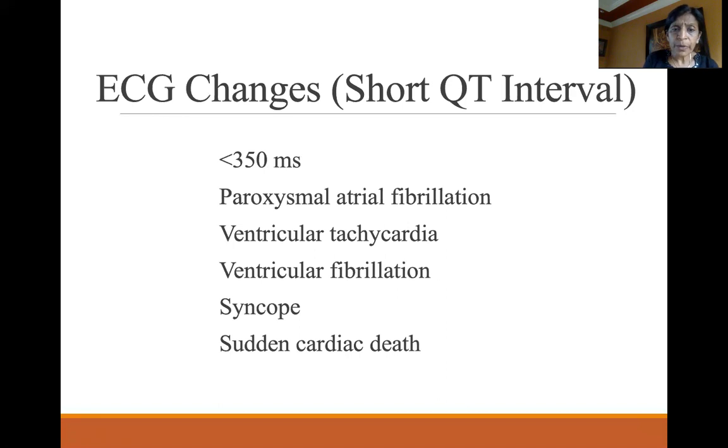Greater than normal. In atrial fibrillation, there is variation, short, long, and other variations possible. Ventricular fibrillation, definitely QT interval is less than 350 milliseconds. The syncope and sudden cardiac death is all where the heart rate is much greater, and that's where the QT interval would be shorter.